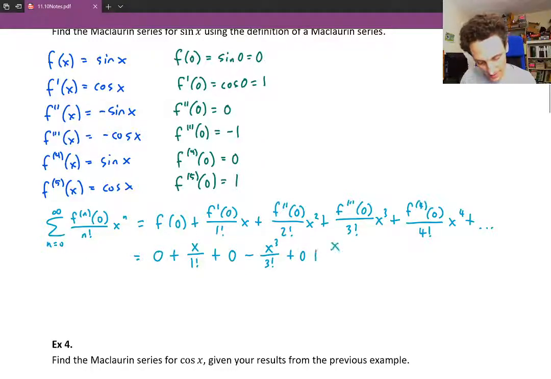Plus, and then we're going to have x to the 5th over 5 factorial, which is positive, and so on. The next one will be a 0 just by the pattern. Then we're going to have a minus x to the 7 over 7 factorial plus dot dot dot.